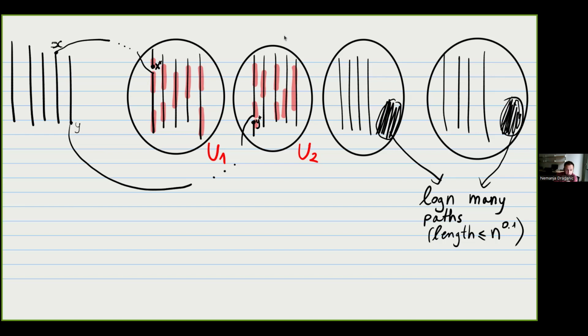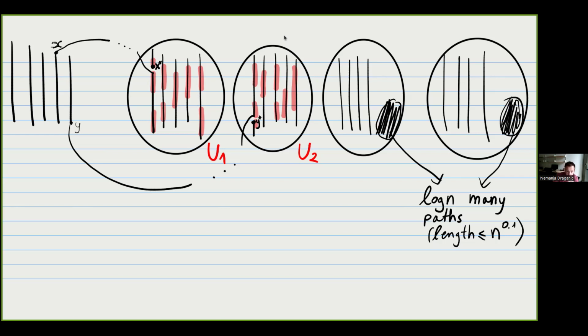What I can do now is, U1 is an expander, so I can just rotate inside of U1. And because U1 does not touch any paths which are blue, remember, these black vertices are the vertices which I used for rotations, there are few of them. So U1 and U2 definitely don't touch any paths which are here.